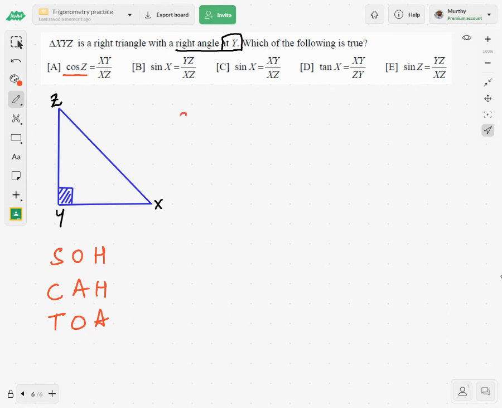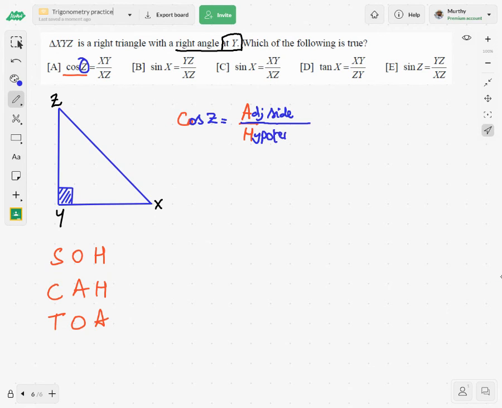So, let me start with the first one. Cos Z. Cos means CAH in SOHCAHTOA. Therefore, cos equals adjacent over hypotenuse. Please remember the letter is very important. Cos Z equals adjacent side over hypotenuse.